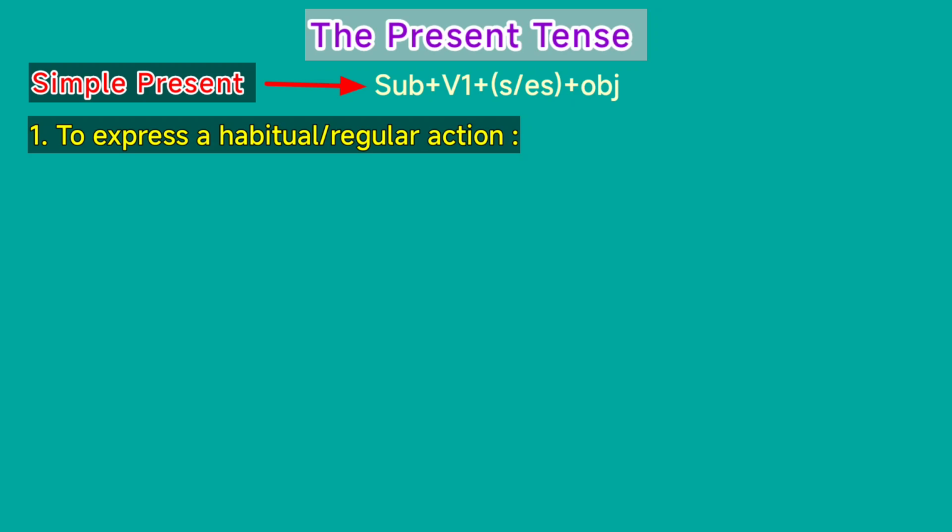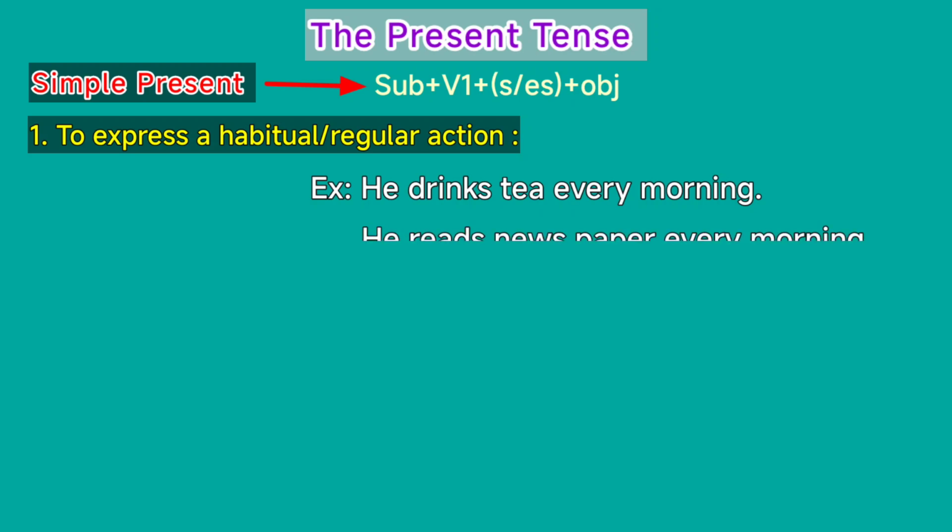An example: he drinks tea every morning, or he reads the newspaper every morning. So here, reading and drinking are habits that we can express in simple present tense.